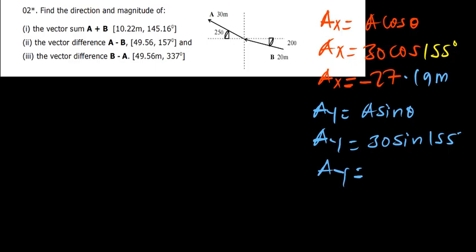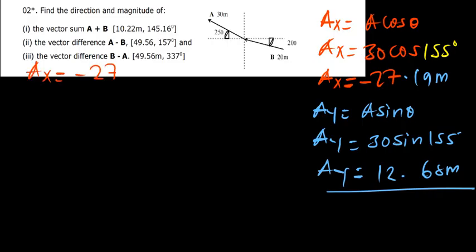That is 12.68. That is my y component. Let me just put them here to create space. So I'll say my ax is negative 27.19. Then my ay is 12.68, like that.